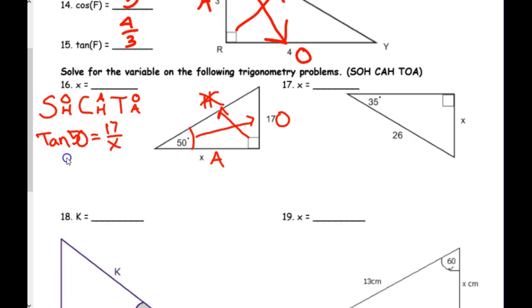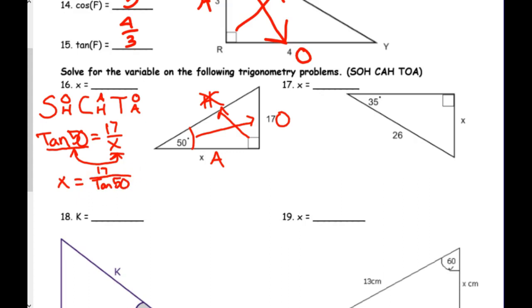X is on the bottom, so our little trick is to take the left side and the bottom side and do a little switcheroo. So X is going to the left. X equals 17 still on top, and then on the bottom we got tan 50. So 17 divided by tan 50.